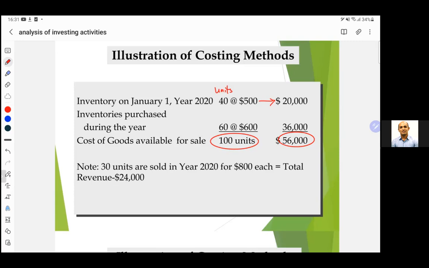So by using FIFO, LIFO, WAC method, what you do is you allocate this cost of inventory available for sale between cost of sales and closing stock.